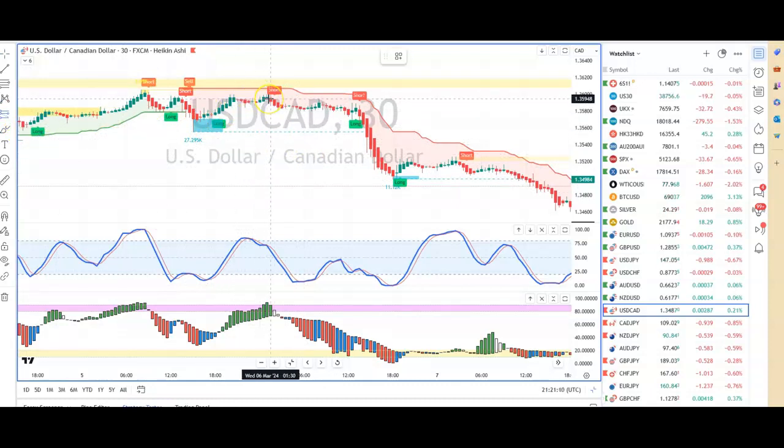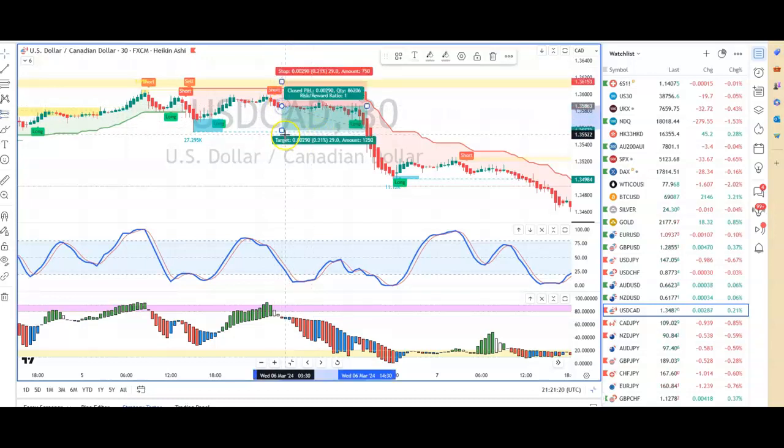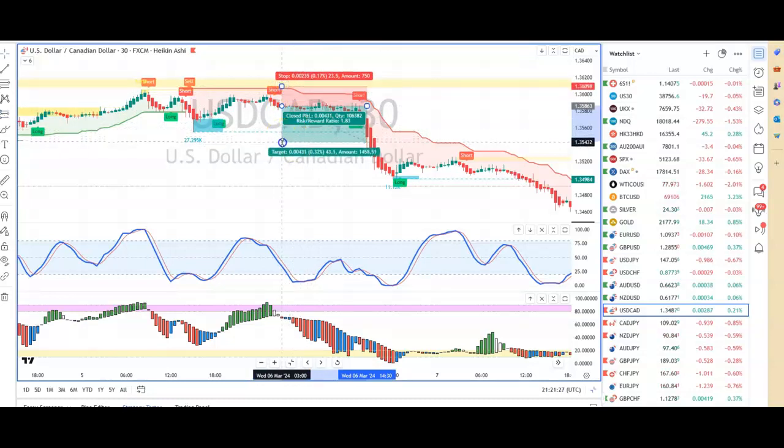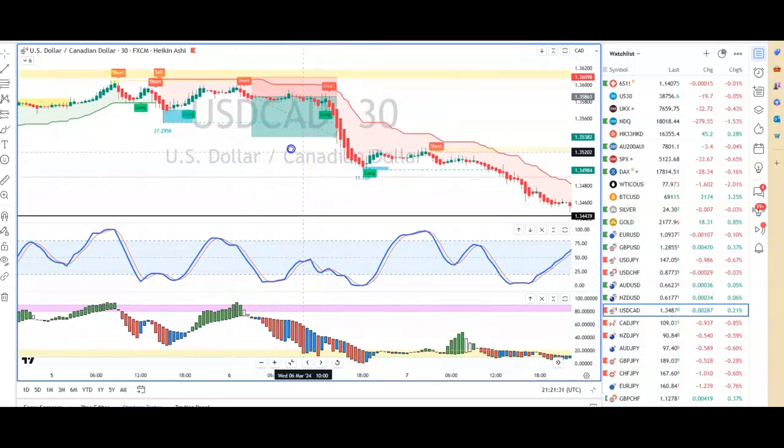So here we've got a sell, but look at the money flow still coming in. So you could just get tripped out quite quickly. So at this point here, the money flow is just starting to come out of the market. So a nice 23 pip stop, and 2 to 1. Thank you very much. Another 10%.